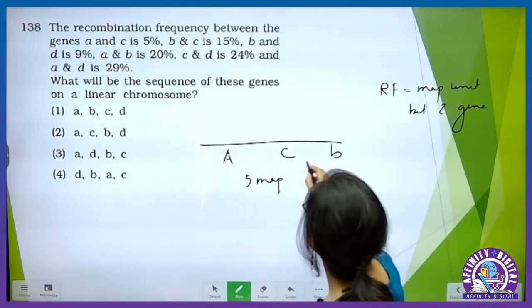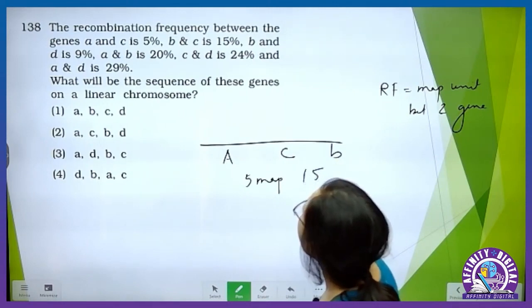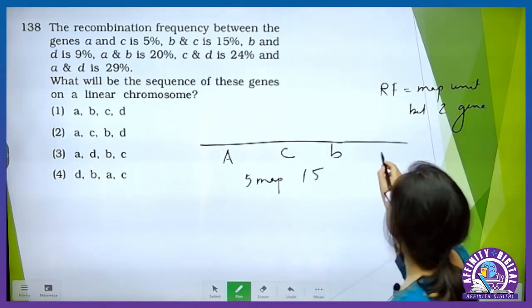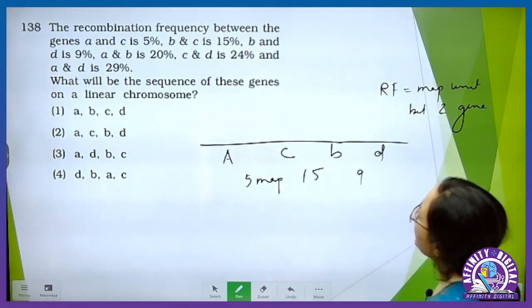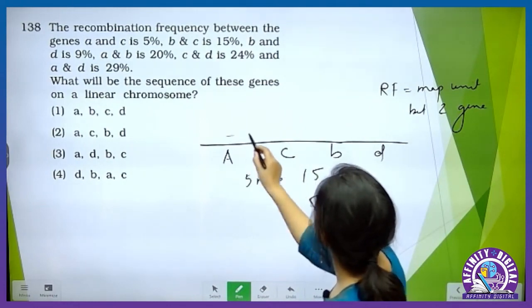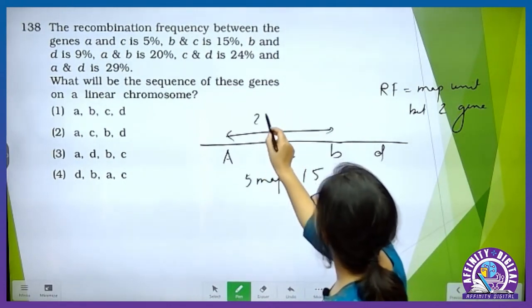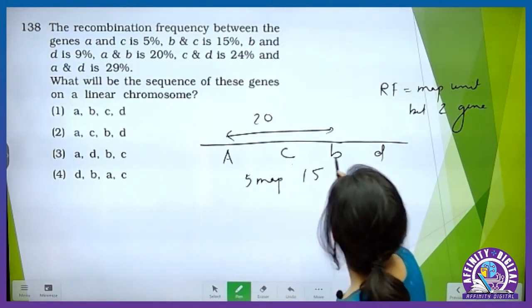B and C is 15. B and D is 9. A and B is 20. C and D is 24.